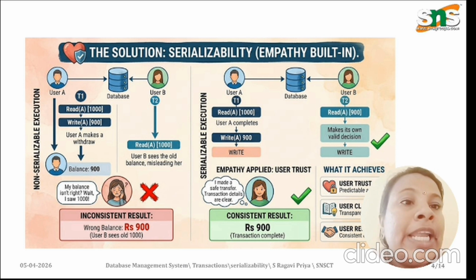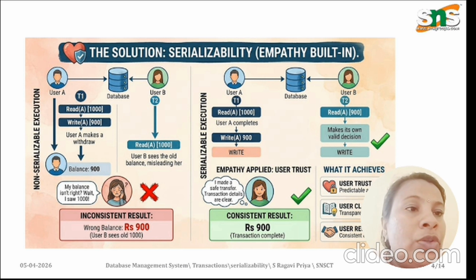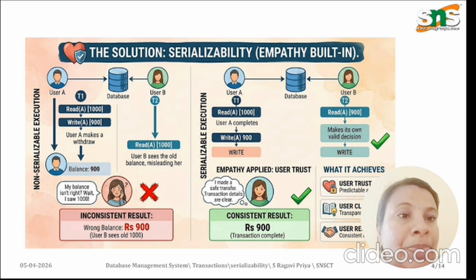In serializable execution, user A reads a balance of rupees 1000, then writes 900. Next user B wants to read the balance, so makes their own valid decision. Again user A gets the correct balance from the account and user B also gets the correct balance from the account.